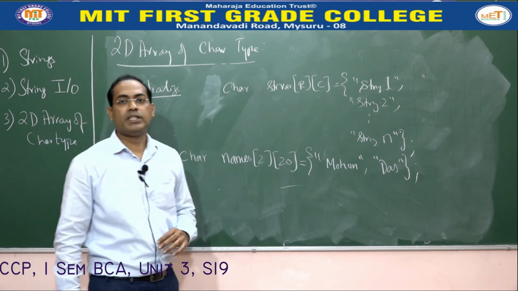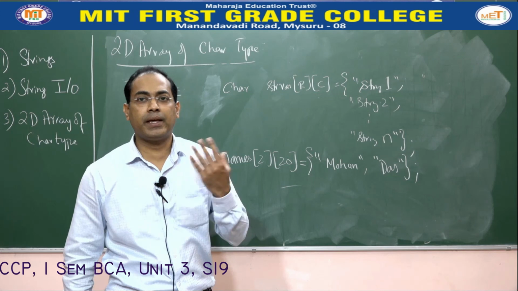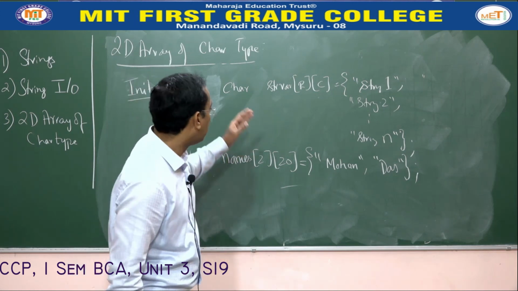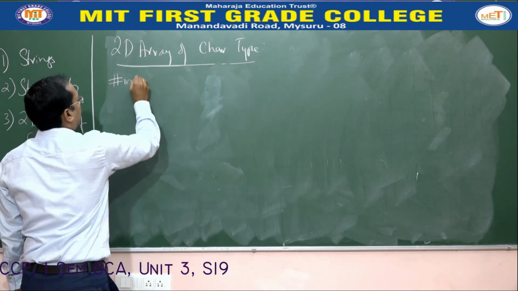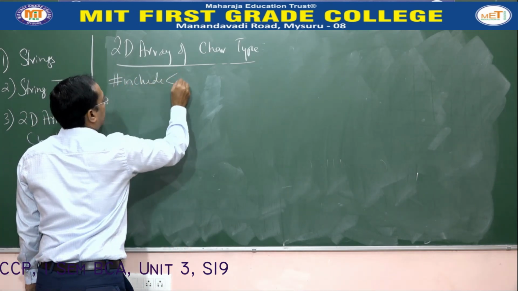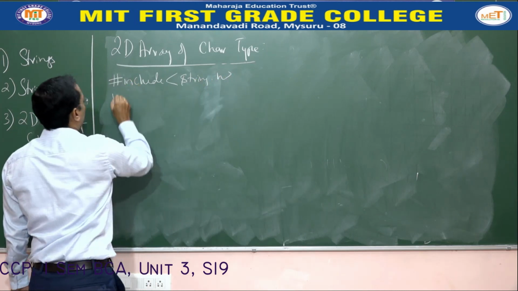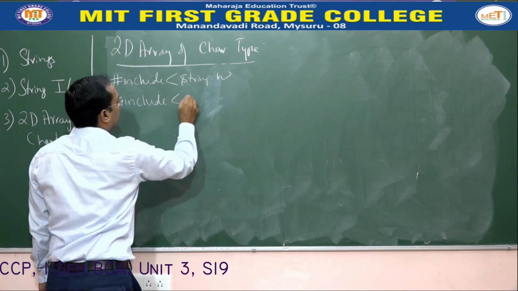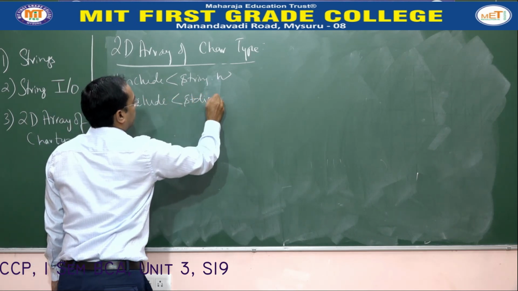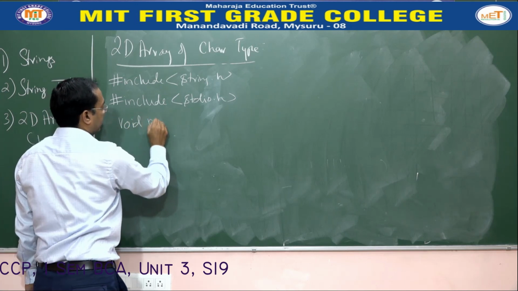Isn't it easy? Now we'll see a simple program to accept 5 names and display the same using the 2D array of character type. #include string.h, #include stdio.h, void main.